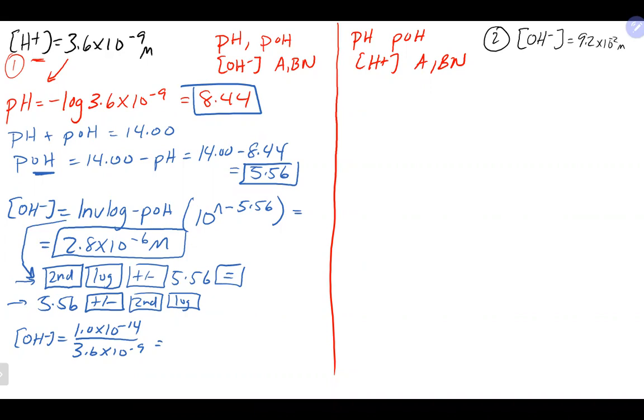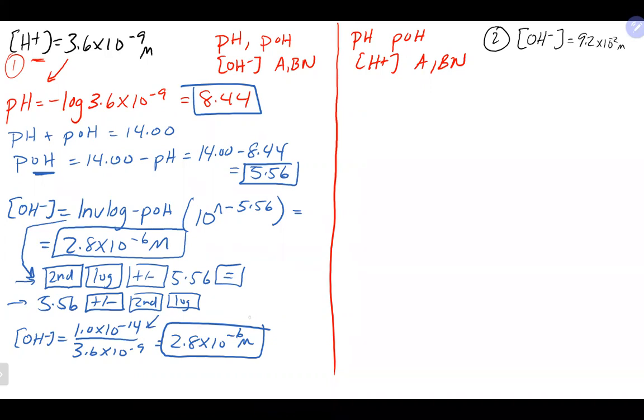Let me punch it in correctly. There we go. That gets you your 2.8 times 10 to the minus 6 molar. So you can still use Kw like we did before if you like that better, and you get the same answer. Any questions on how I got any of those?